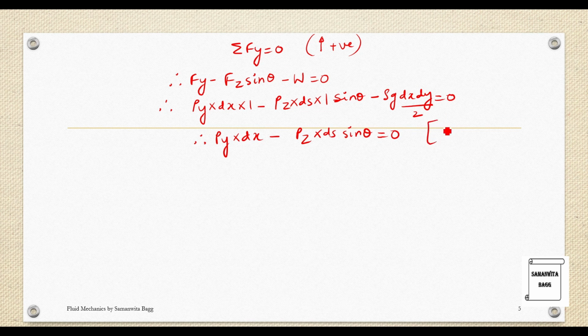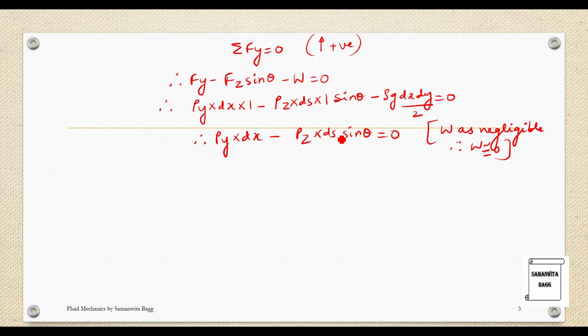I have considered weight as negligible. Therefore, this term can be assumed to be approximately equal to 0. So once this is approximately equal to 0, I get only these two terms.